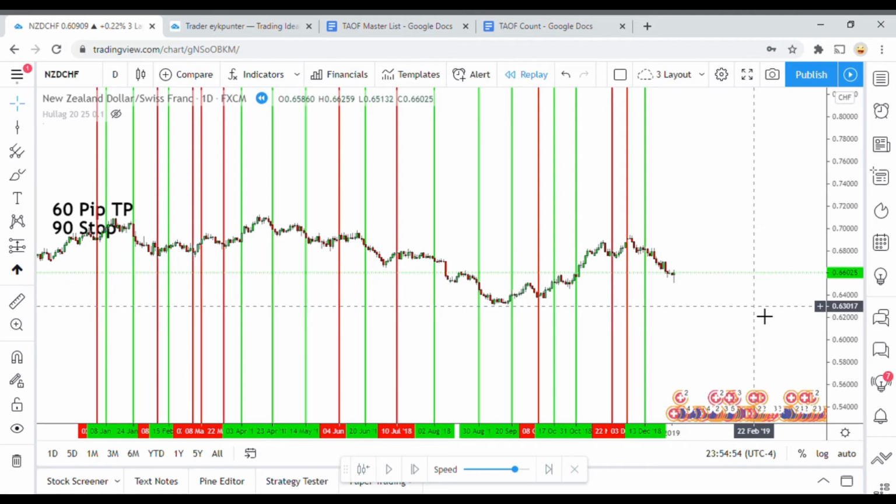Even though they attempted to add a little bit of a buffer in there to keep us from taking some bad trades, they didn't really succeed very well, because we're basically at the same win rate that we were at before.